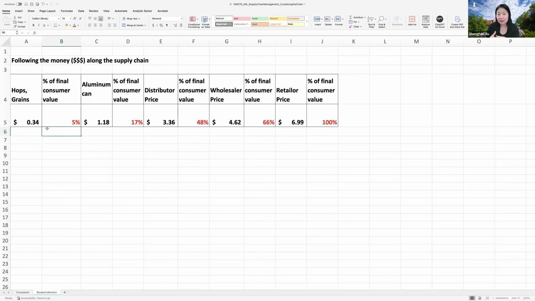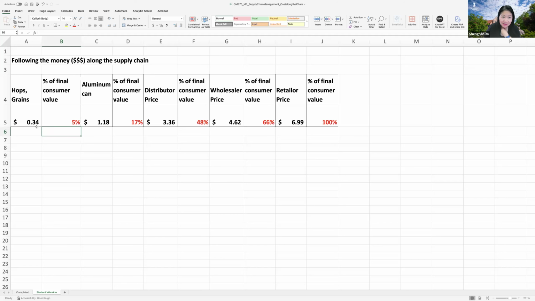So this gives us an idea that if we want to look at the efficiency within the entire supply chain, we should probably focus on the end of the supply chain, not the beginning of the supply chain.